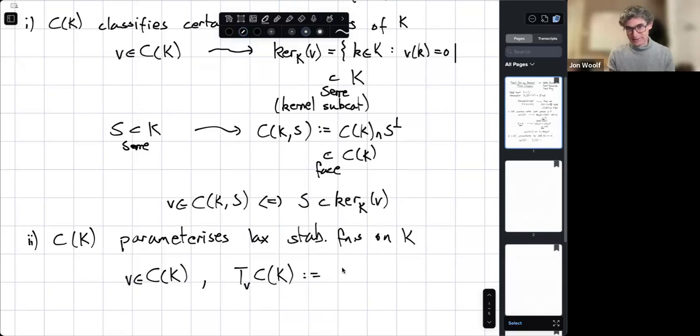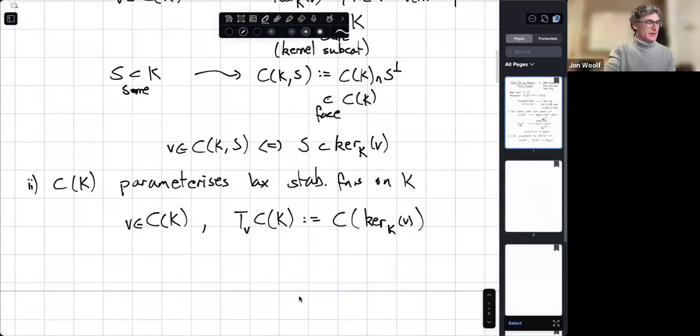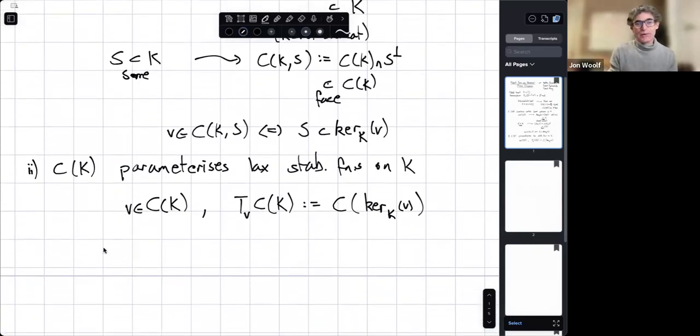By definition, that is just the cone of the corresponding kernel subcategory. So we look at all the vectors which are positive on everything in this kernel subcategory. That also gives us a cone. I'll draw some little pictures in a minute which justify why this deserves the name of the tangent cone at that point. But there'll be something funny that happens for certain cones, and maybe I'll say something about that.